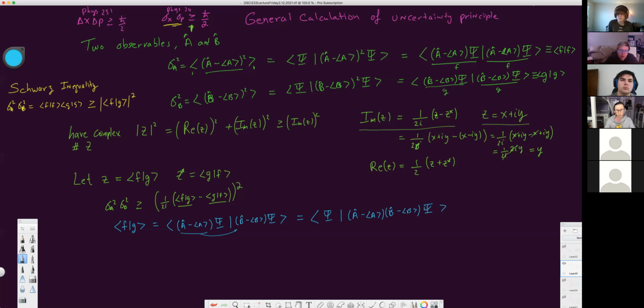Okay. So now I'm going to be very careful, and I'm going to multiply this out. On one hand, we have psi, and then I have A hat, B hat.